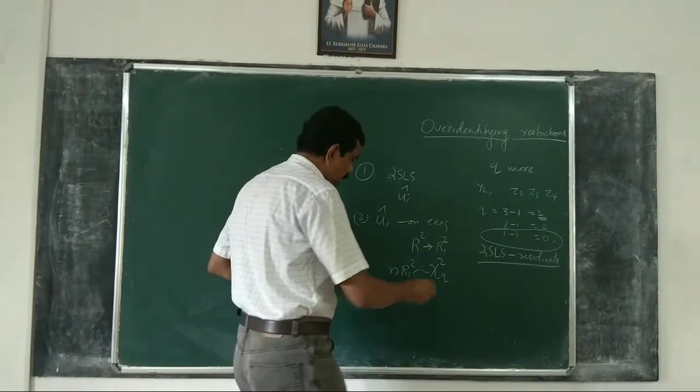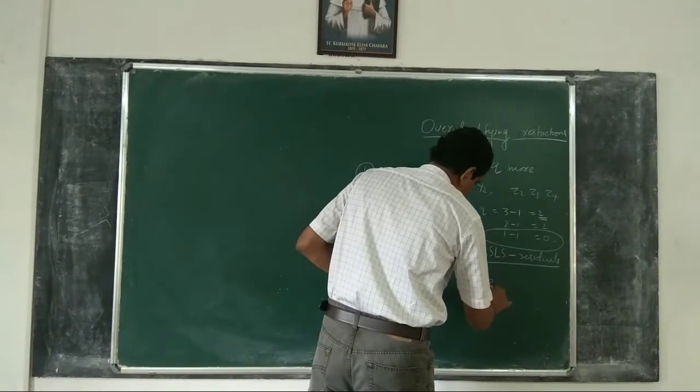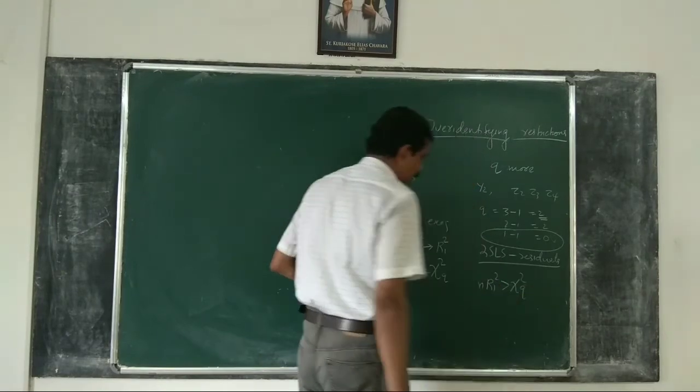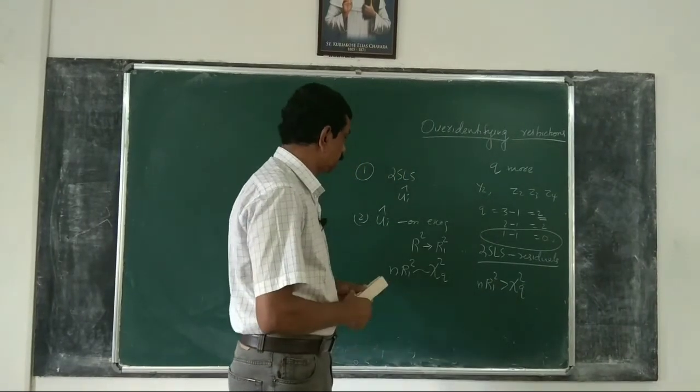And if n into R1 square exceeds chi-square with q degrees of freedom, reject H0.